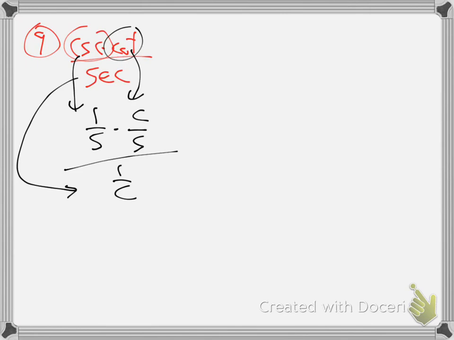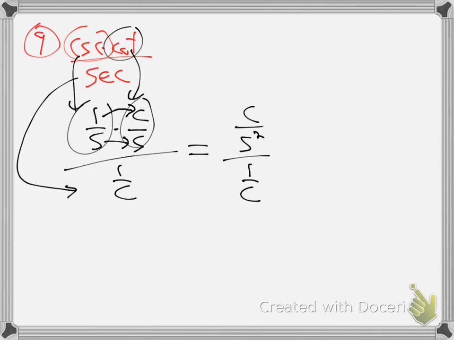So what now? Well, couple things. On the top, I can multiply. 1 times cosine is cosine. Sine times sine is sine squared. Over 1 over cosine. Good so far. I just multiplied the top together, right? I probably wrote too much, made it look worse.